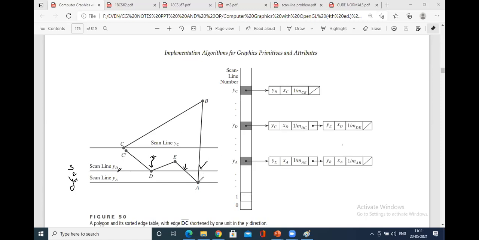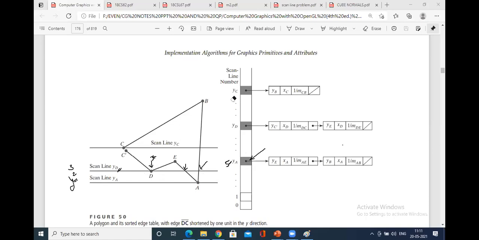Now, coming to how you write this data structure, this is important to solve the problem. Maybe the value of YA is 5 here; this is my imagination. At this 5, a scan line is passing. Here also the value of Y is 5, whereas you have to calculate the value of X. When the scan line YA passes through these edges, what are the various vertices that are connected?